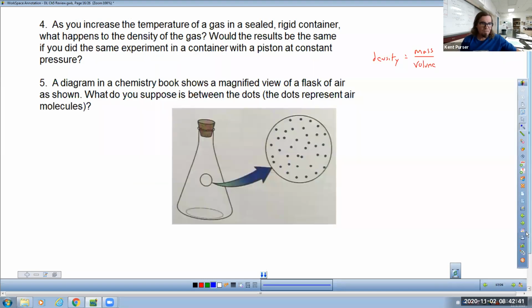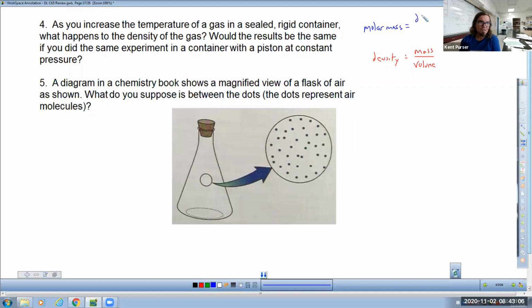Questions 4 and 5. I'll give you a minute or two on these also. You guys have two formulas that have density.